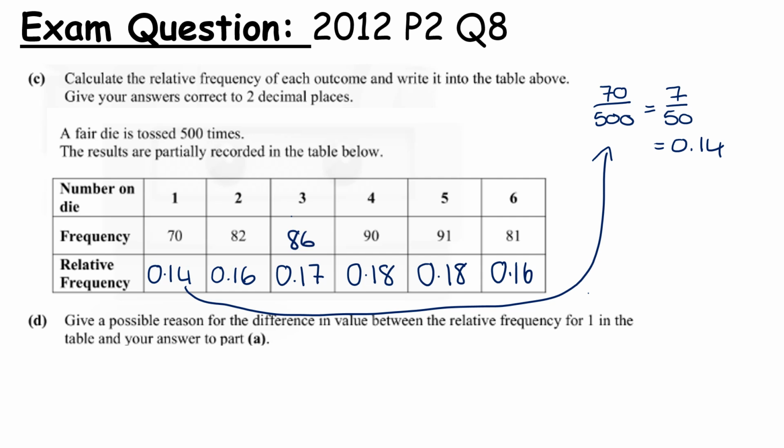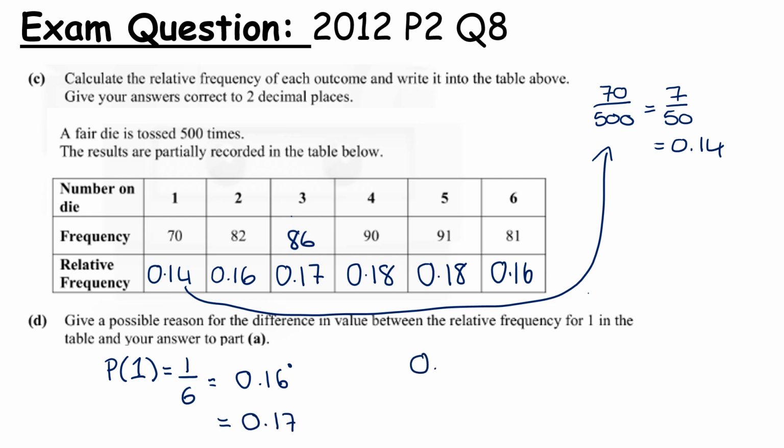And then the final part of this question, part D: give a possible reason for the difference in value between the relative frequency of 1 in the table and your answer for part A. So remember our answer from part A, the probability of getting a 1 is a 1 in 6 chance. So if we then convert that to a decimal, that gives us 0.16 recurring, and rounded that gives us 0.17.